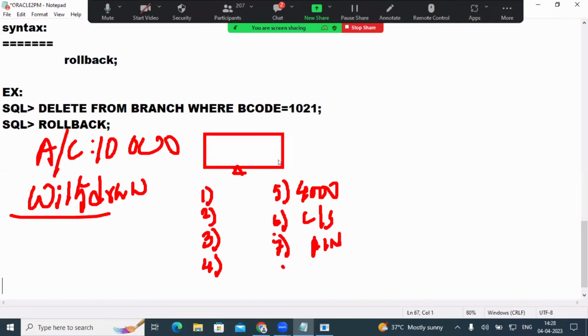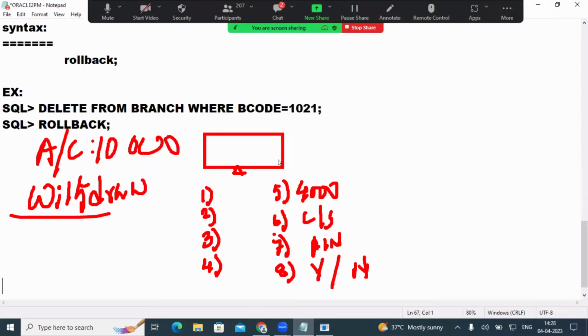Finally, it asks either yes or no. Observe carefully: I did these 7 operations step by step, and I came to the 8th step. What was there at the 8th step?